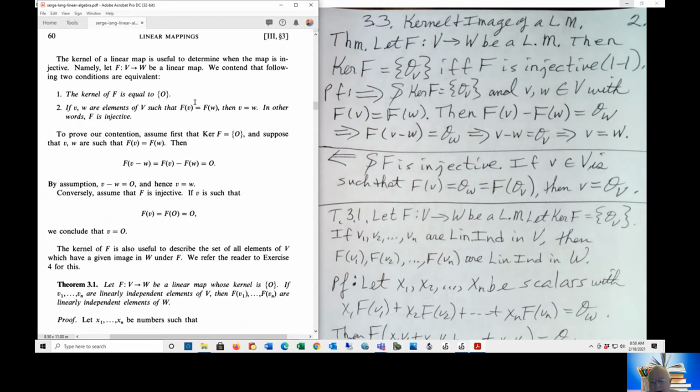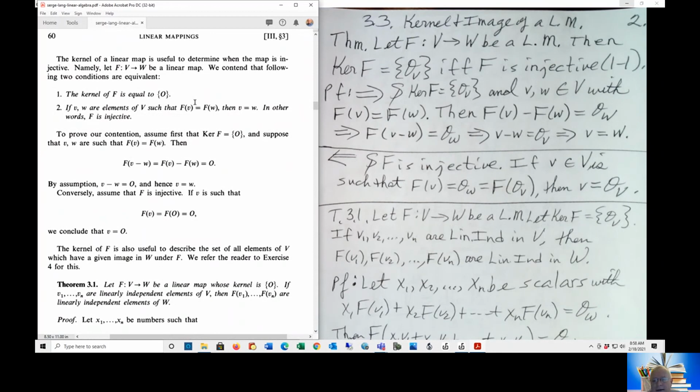In the converse direction, suppose f is injective or one-to-one, and v is in V with f of v equal the zero vector in W. We need to show that v can only be the zero vector of V. Well, what do we know?